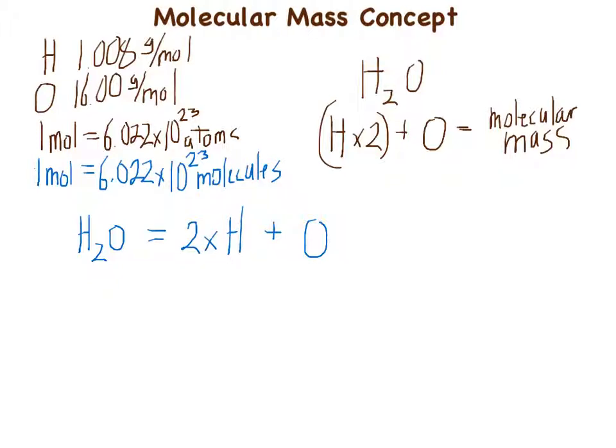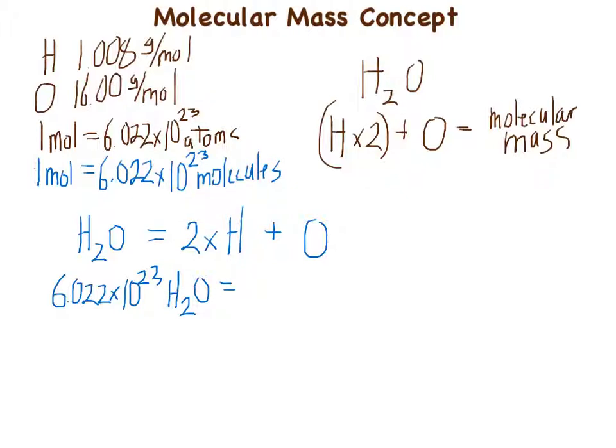That means we have 6.022 times 10 to the 23rd H2Os. Right? So that is 1 mole. So what does that mean for this?